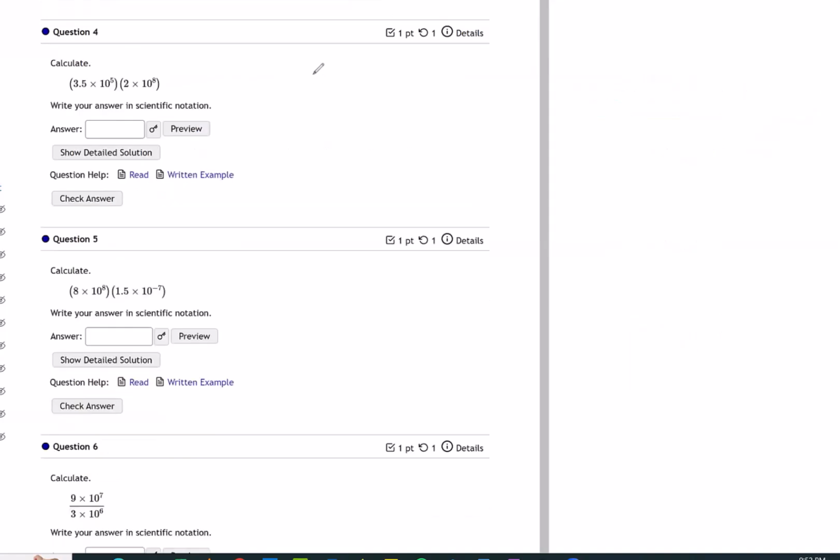Now this one's a little different because now we're multiplying 2 numbers in scientific notation times each other. And we're going to use our exponent rules. First thing we're going to do is multiply 3.5 times 2, which gives me 7, times 10.